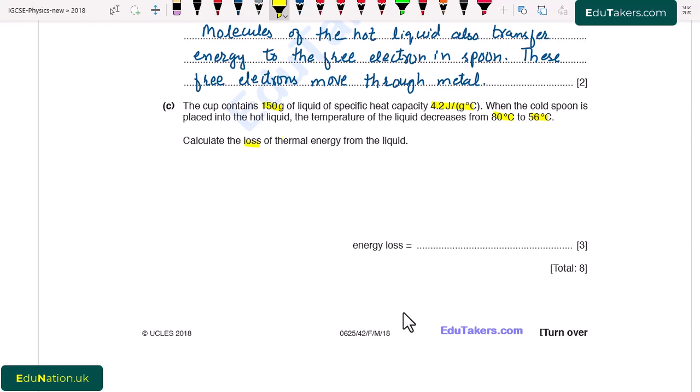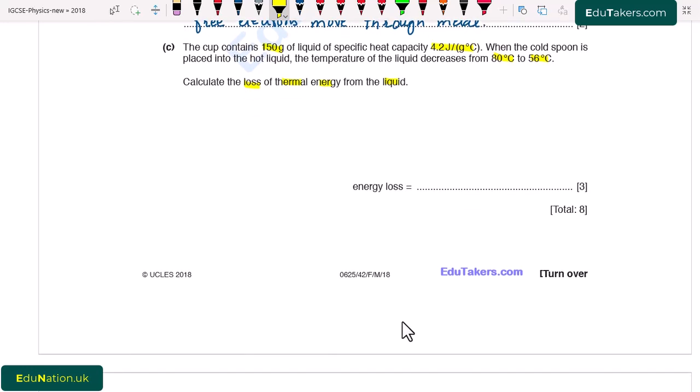Calculate the loss of thermal energy from the liquid. Here we have to calculate the thermal energy that is lost. So we know that energy E is equal to mcΔT. m is mass, c is specific heat capacity, and ΔT is change in temperature. So we have to find out the value of this energy.